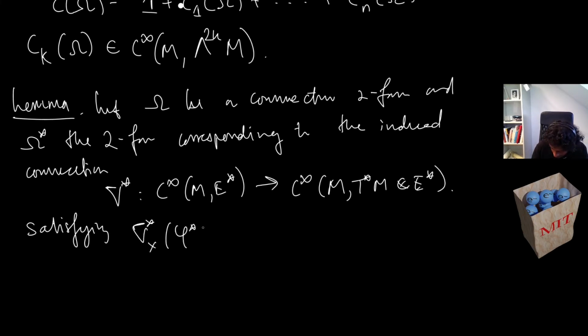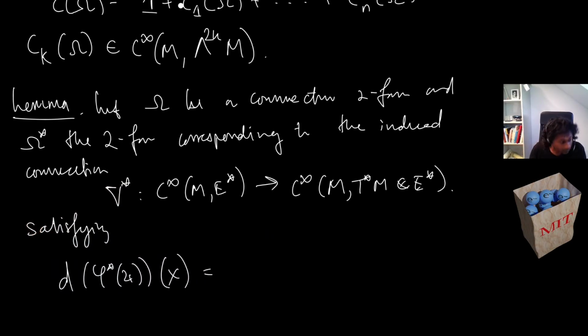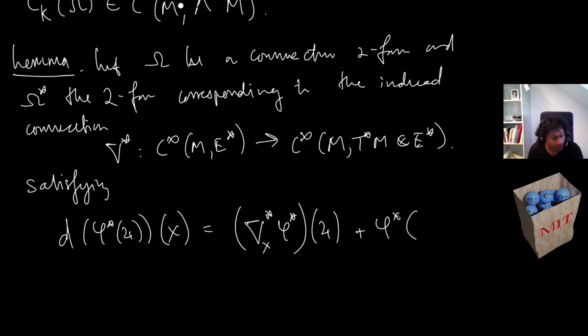phi star psi. So this is just the exterior derivative, right? So this is the exterior derivative in the direction X. So this is a function, and we want it to be equal to, we want the product rule: nabla star X phi star psi plus phi star acting on nabla X psi.